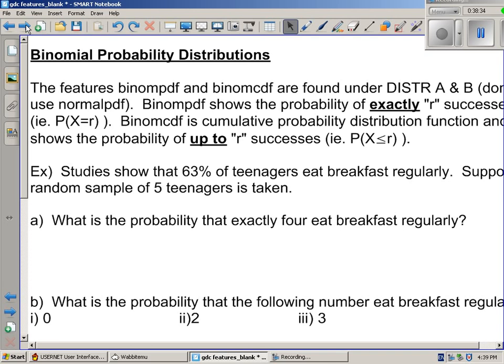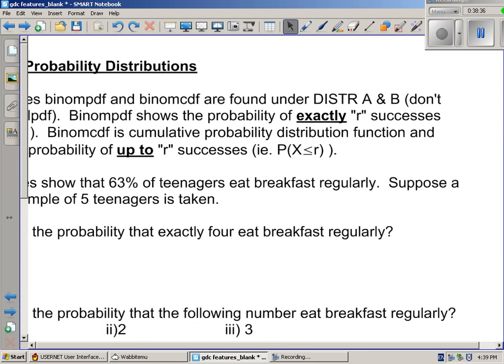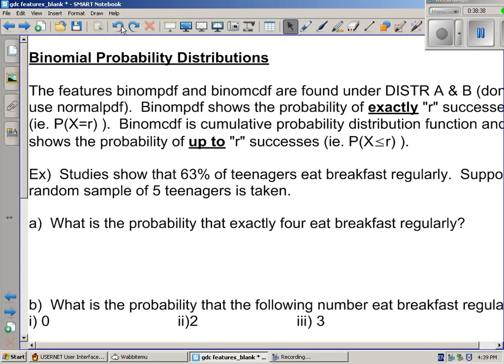So don't use normal PDF. Not good. When you use binom PDF, it shows the probability of exactly r successes.